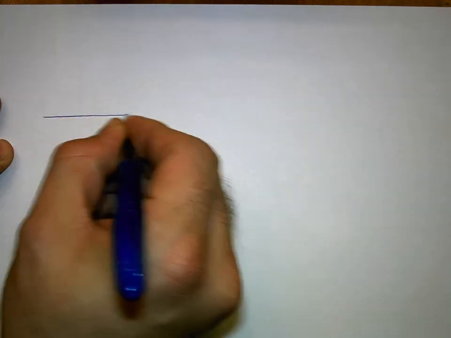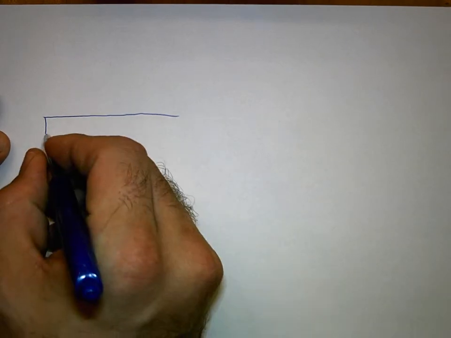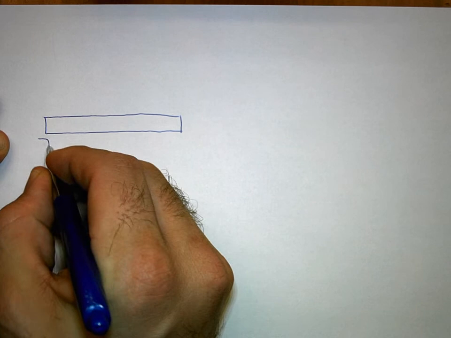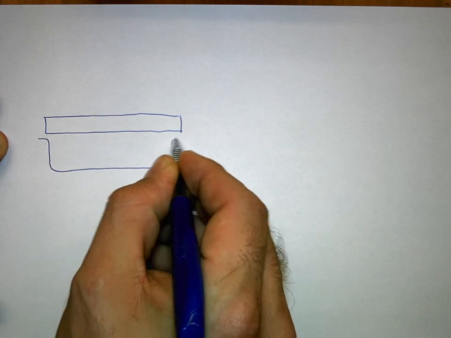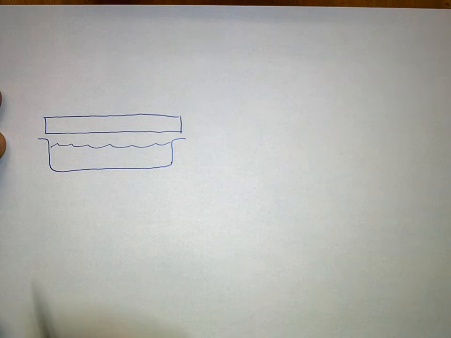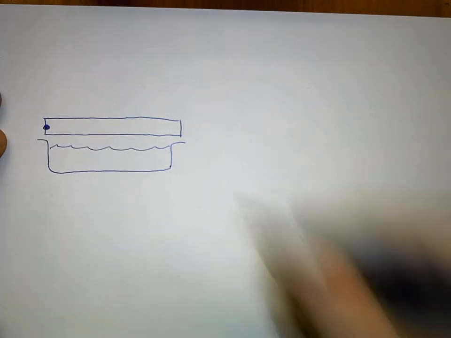So the problem is as follows. Here we've got a bridge. The bridge is over some sort of moat with water. It's pivoted so it can rotate around that point.